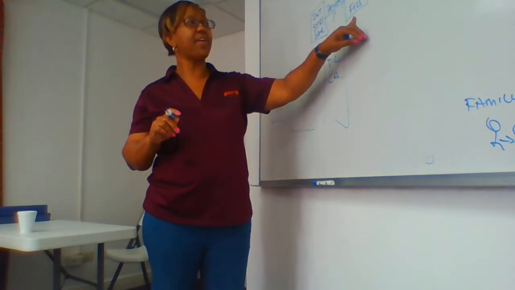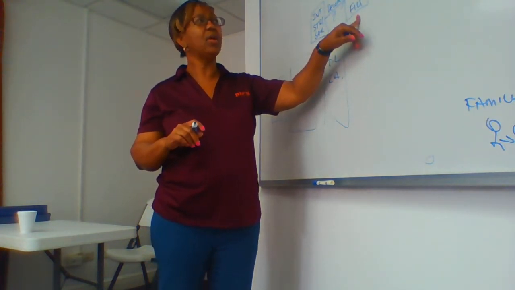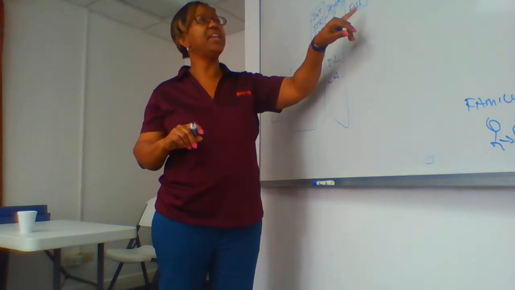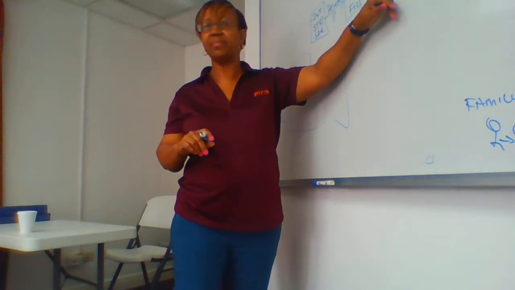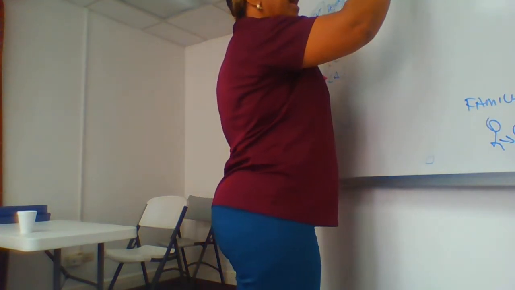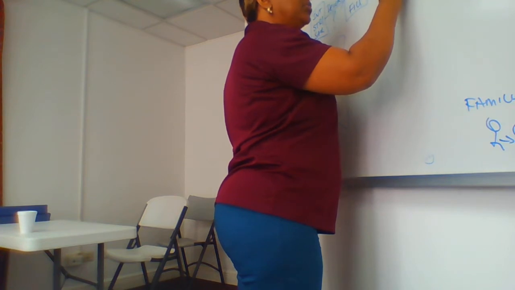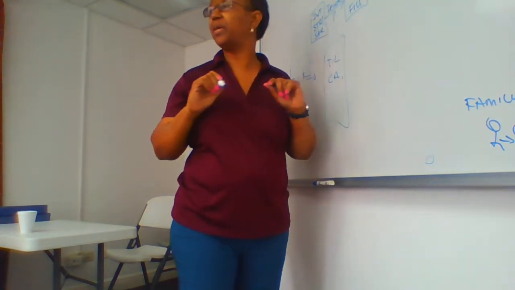When it gets to the FIU, they determine whether or not, based upon what you sent them, they need more information. So here, it can actually go in a loop and go back to the financial institution asking for more information.